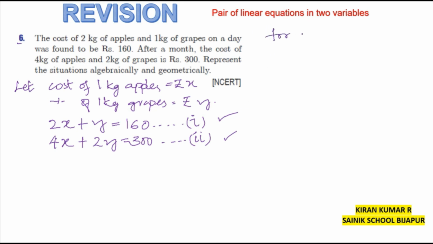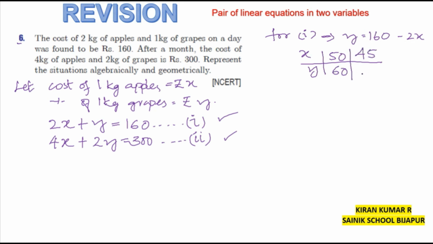For equation 1, we have y is equal to 160 minus 2x. Let me take the value of x as say 50. The value of y becomes 60. If I take x value as 45, the value of y becomes 70.